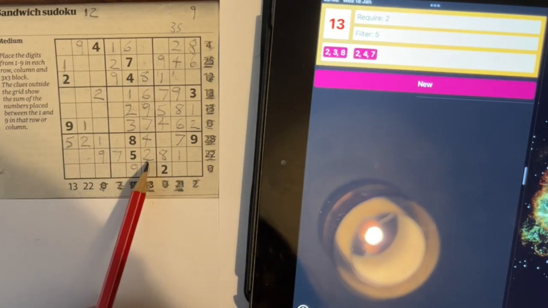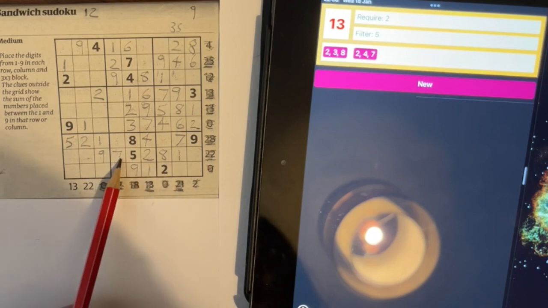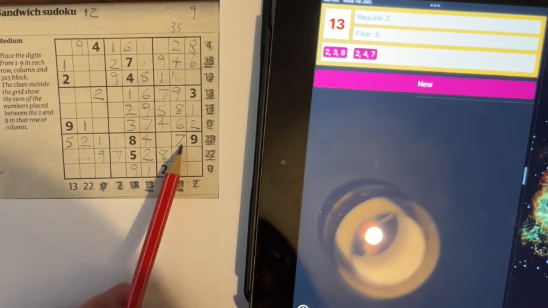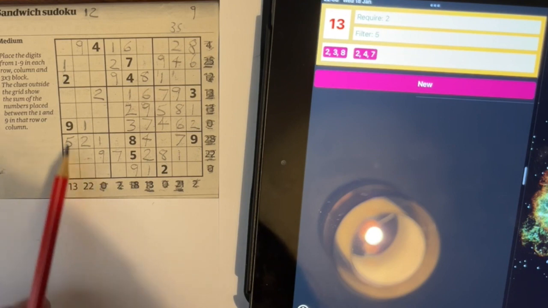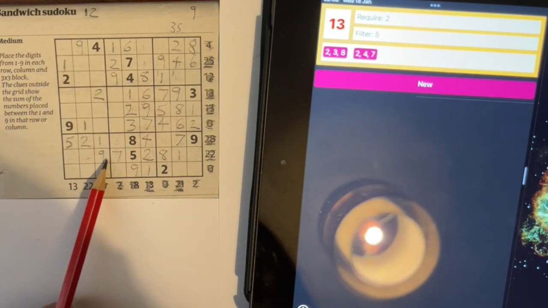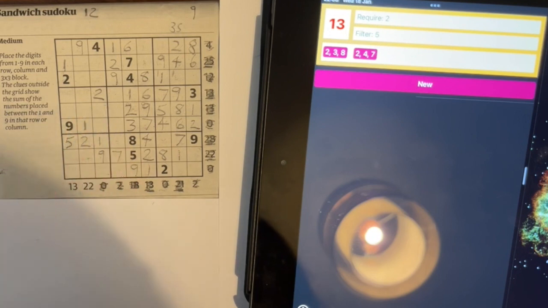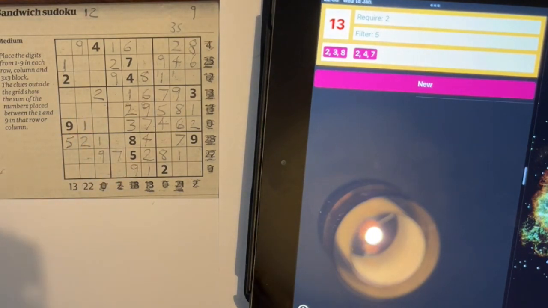And what else did we get new? The 7. So we've got 7, 7, so we know 7s are in this row here, but we have no 7s here to help us. So we're a bit closer, but still got to keep on puzzling.